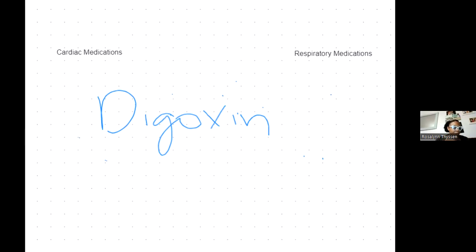Okay. Tell me some other things that can show us that they're possibly in toxicity. They see halos around the lights, flashing lights of color, that sort of thing. And their pulse rate will drop below 60. So that means I need to check a certain pulse rate before I give this medication.